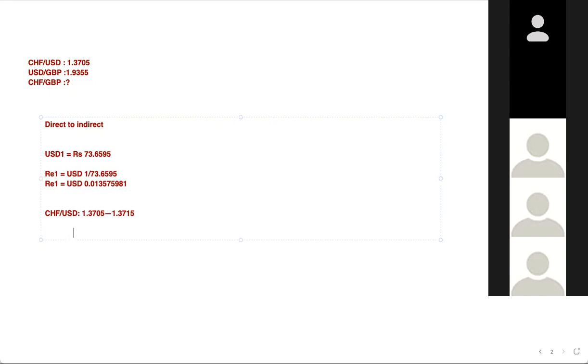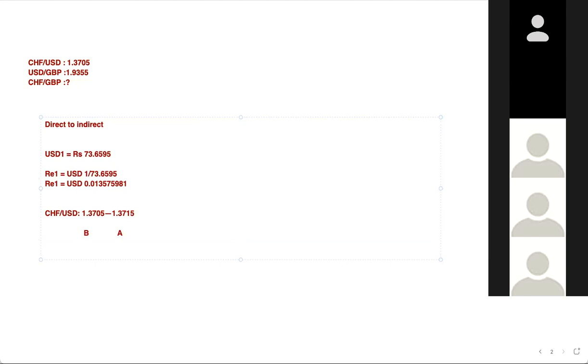Now identify the bid and ask. Who will identify the bid and ask? Ma'am, bid is 1.3705 and ask is 1.3715. Very good. So always the left hand side is bid, the right hand side is ask.